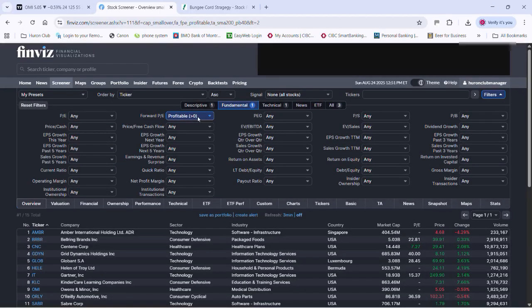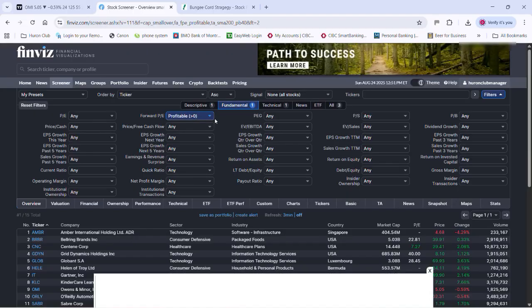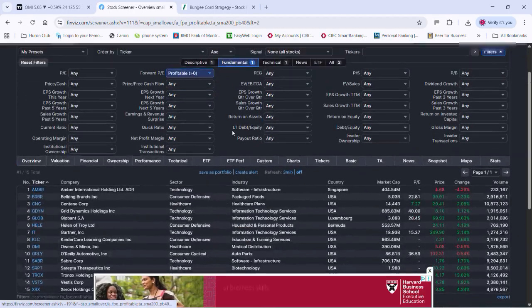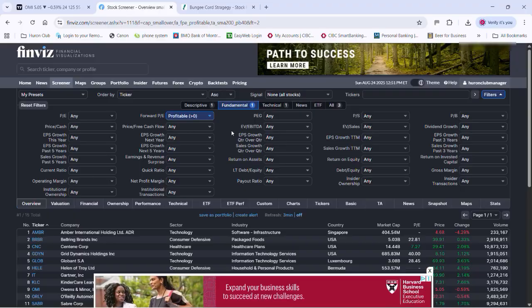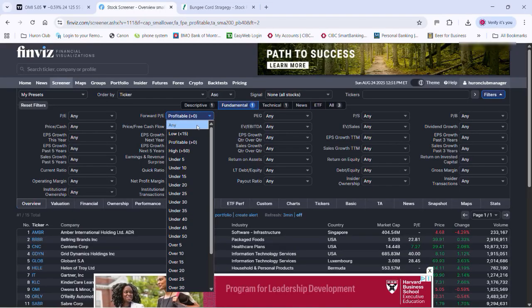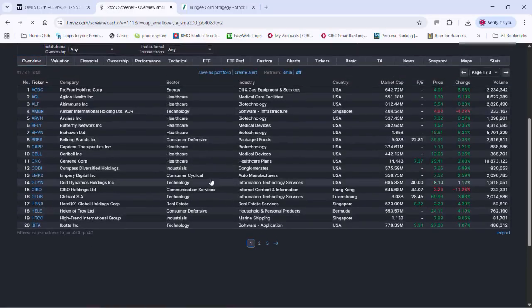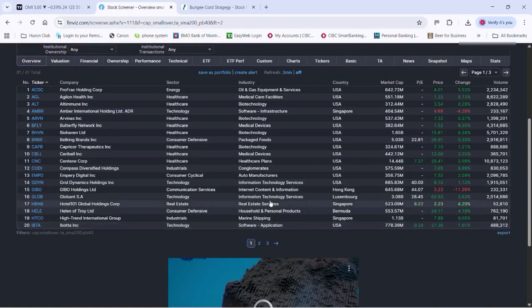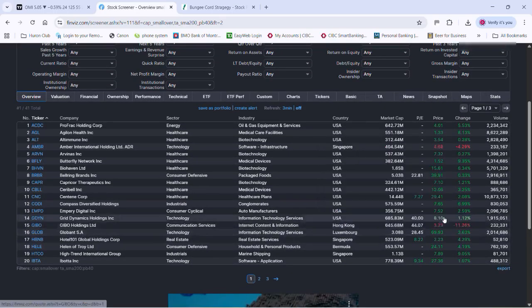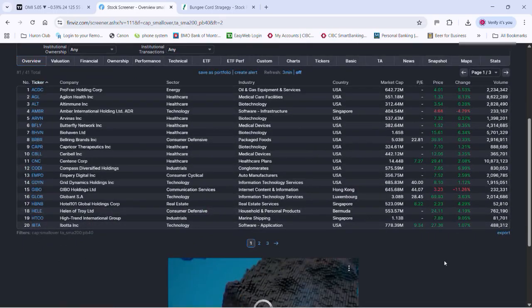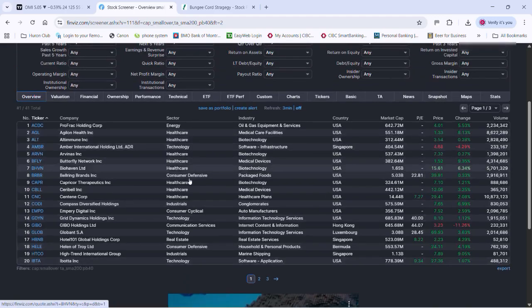Really the only reason I choose that is that if I didn't, I'd just put any in there, and I come down here and I've got three full pages of stocks to go through. And I can certainly do that. There's nothing wrong with that. I might do that if I find that my regular screener is not bringing up enough stocks. If I want some other options, I might change that and bring in some other stocks.